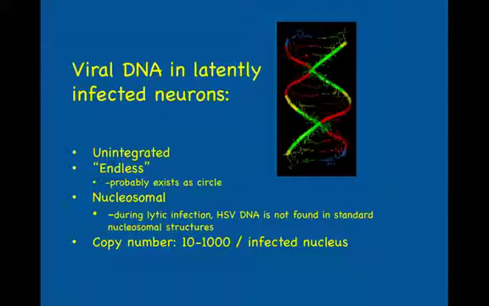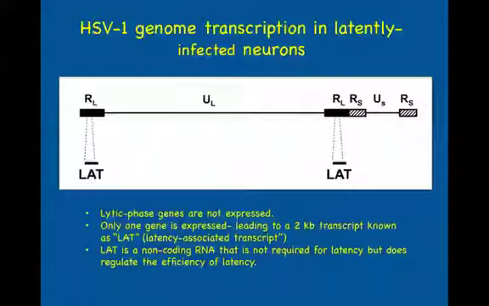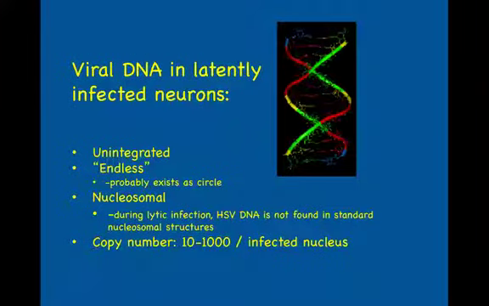It'll be more free-ranging than that. The copy number is 10 to 1,000 per infected nucleus, which is fairly high compared to a seminar I just saw where they were marking for HSV and they only found about 8 genomes per nucleus.